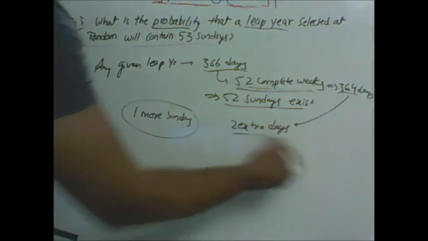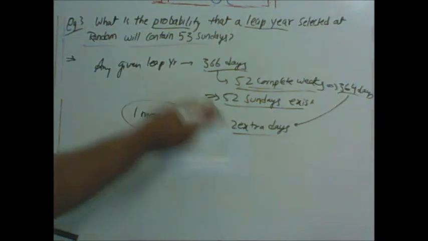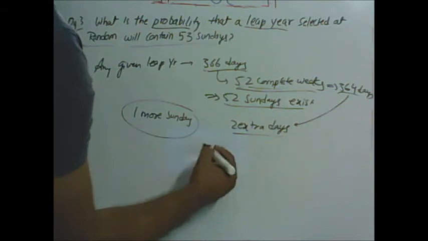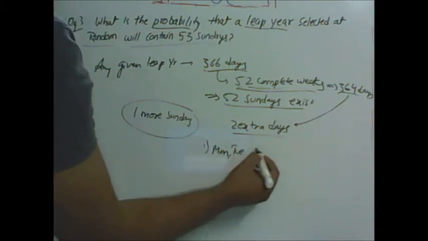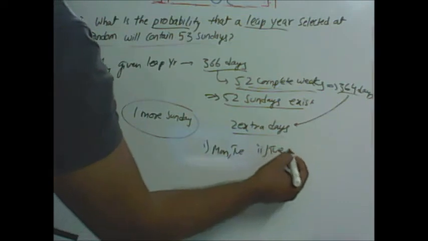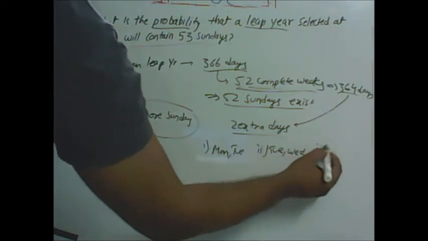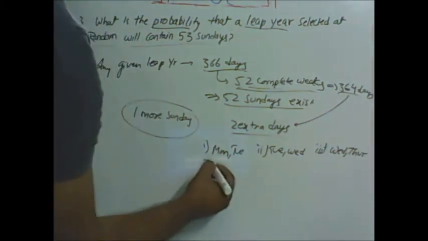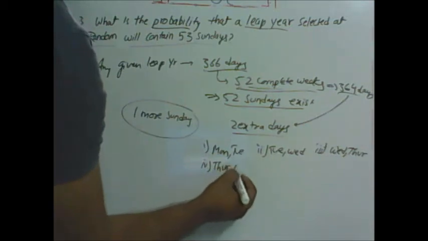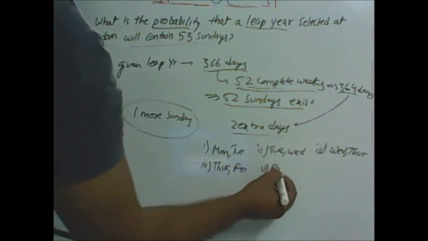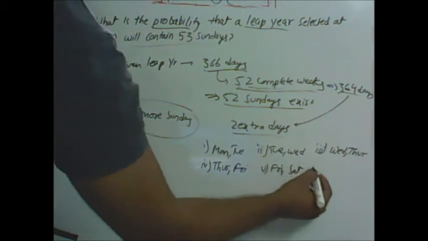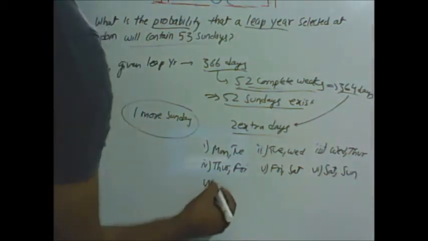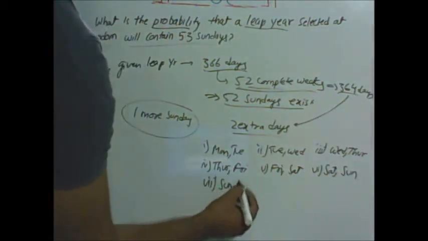Days in a leap year. So these 2 extra days can be consecutive, the 365th day and 366th day. The possibilities are: Monday and Tuesday, Tuesday and Wednesday, Wednesday and Thursday, Thursday and Friday, Friday and Saturday, Saturday and Sunday, and Sunday and Monday.